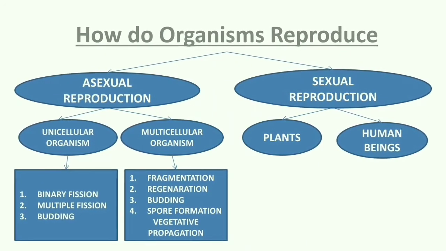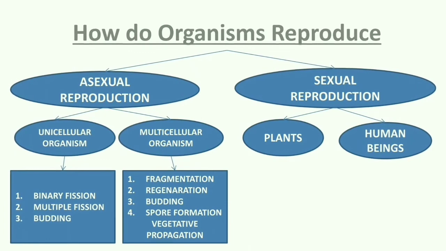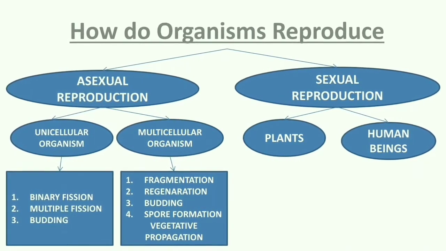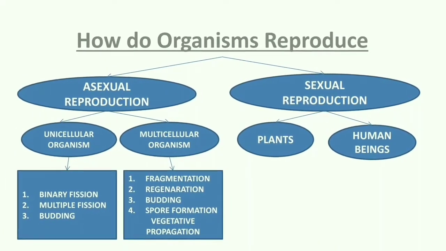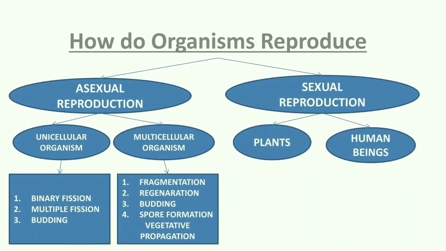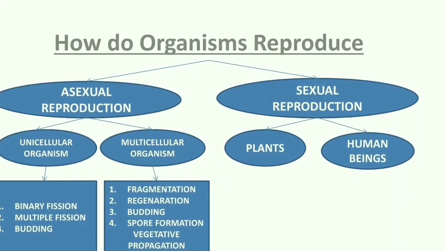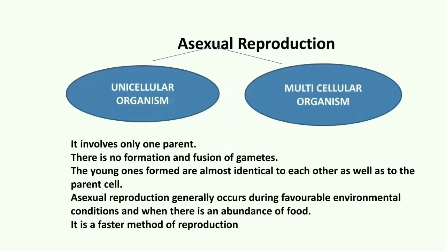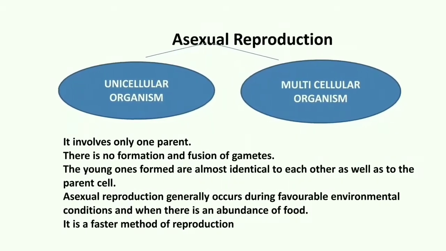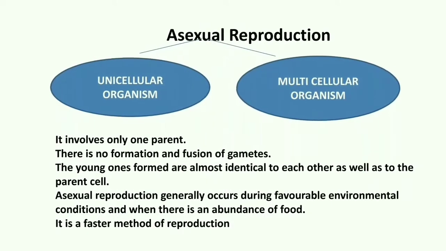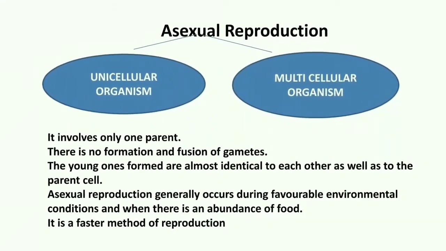Reproduction takes place by two methods, sexual reproduction and asexual reproduction. Asexual reproduction is of two types, by unicellular organisms and by multicellular organisms.